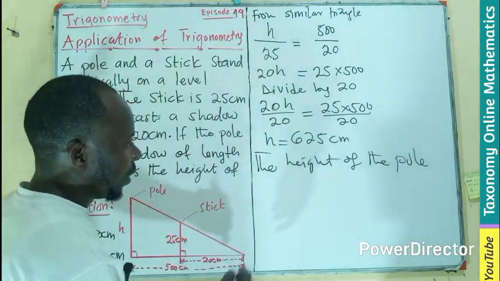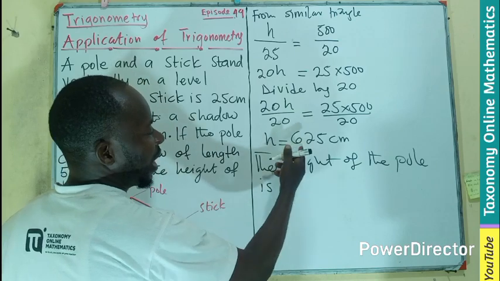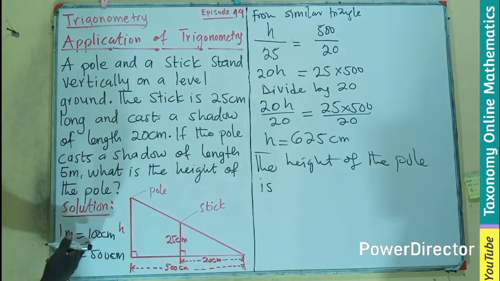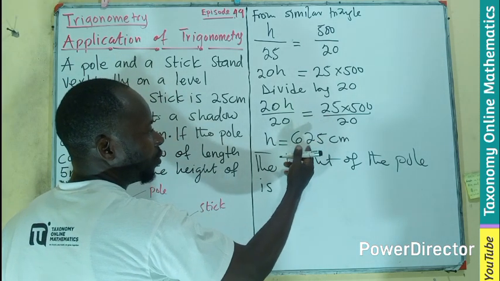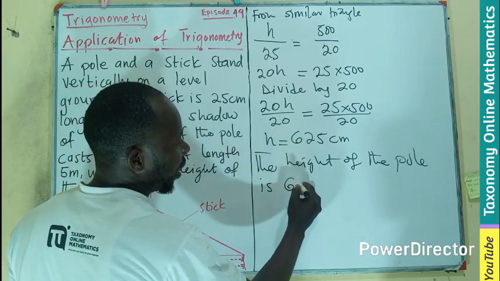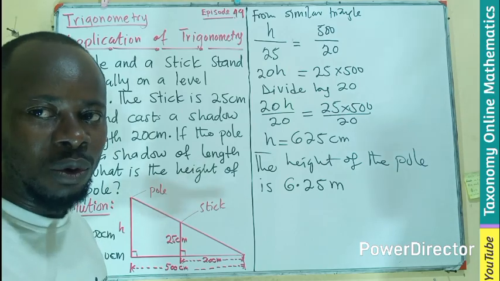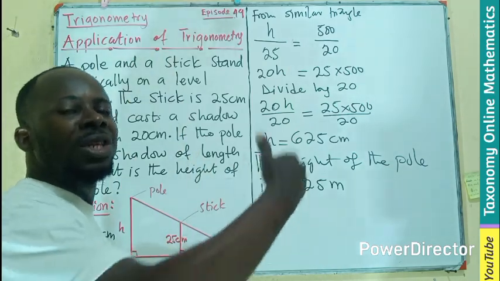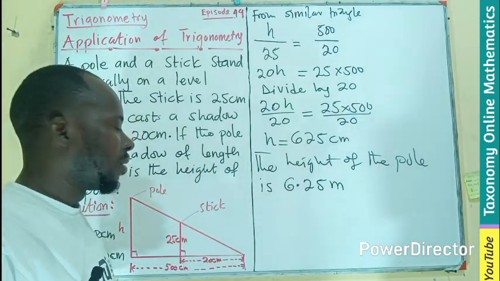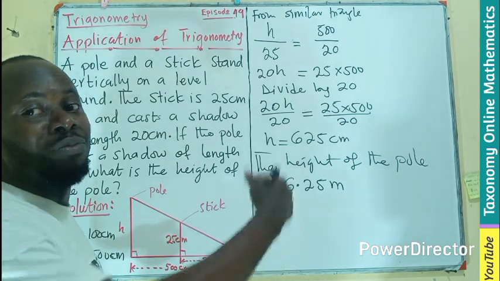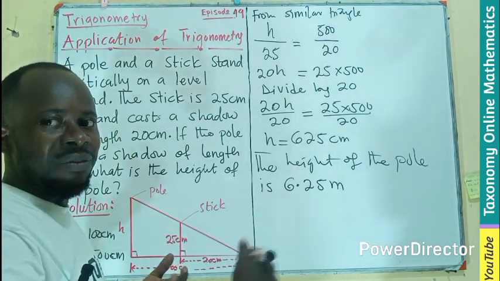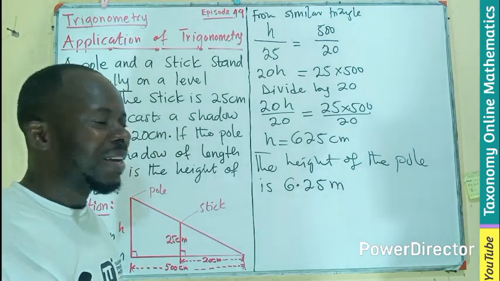If you are moving from meters to centimeters, you multiply by 100. From centimeters to meters, you divide. So as you divide by 100, you'll have 6.25 meters. So that will be the height of the pole before it casts a shadow of 5 meters on the ground, which is equivalent to 500 centimeters.